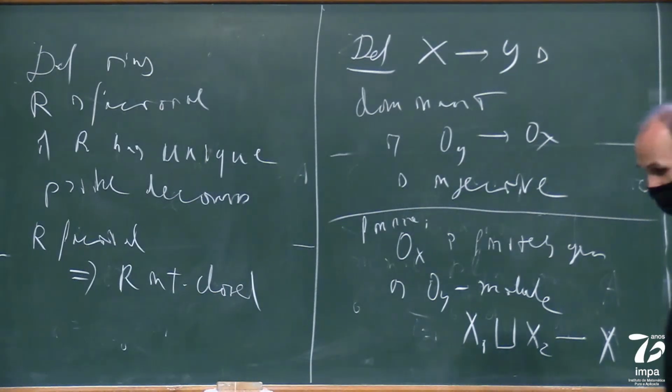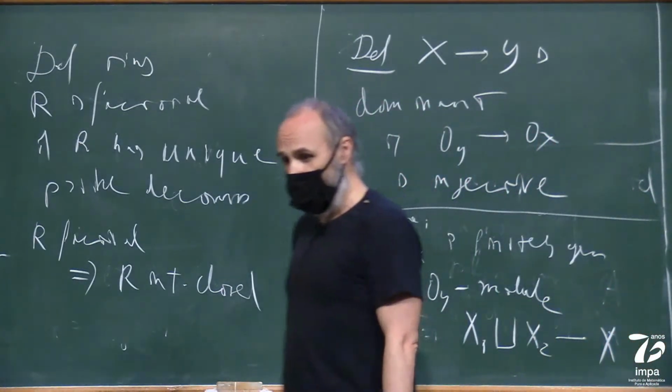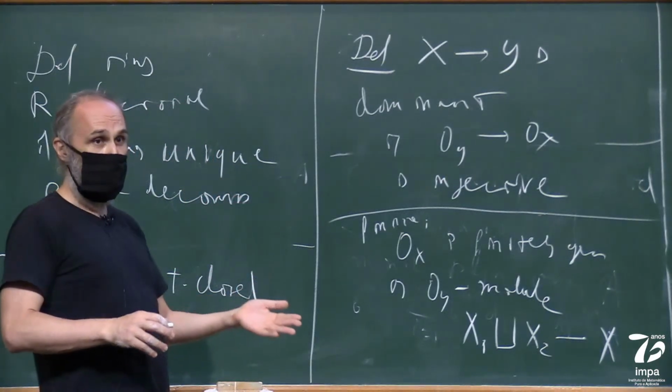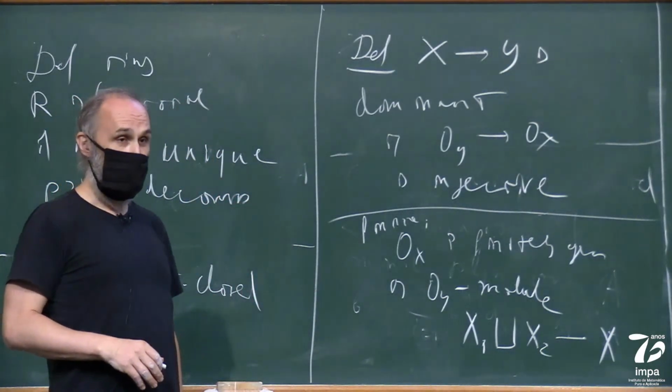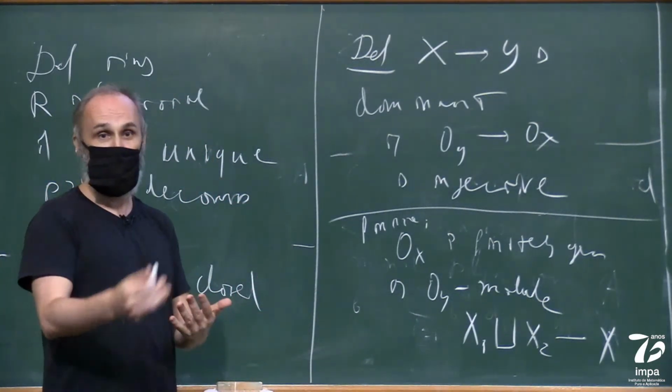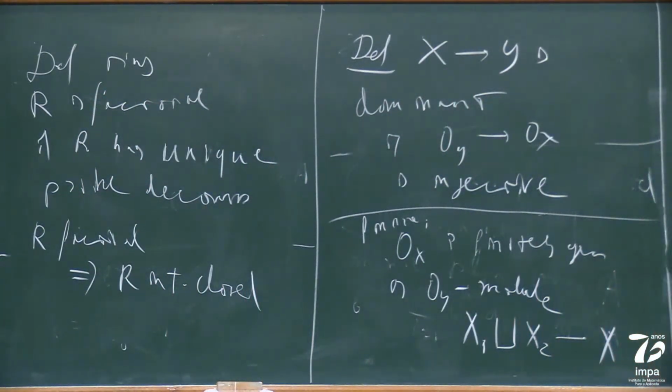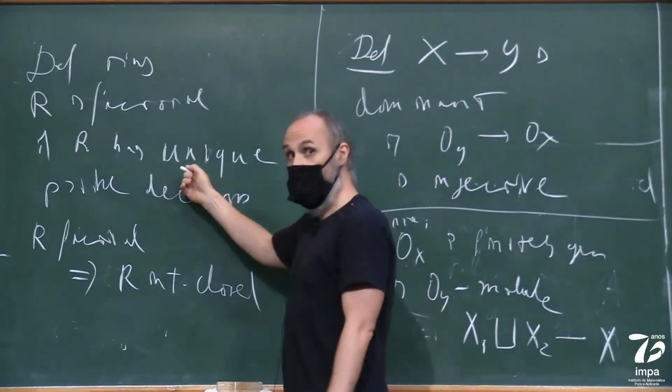But in a sense, you're right: when this is not true, prime is not the same as indecomposable. There are indecomposable things which are not prime. Yes, because it has unique prime decomposition, it's factorial.